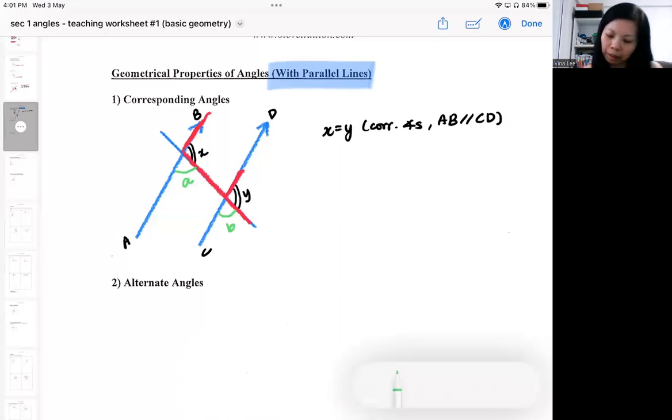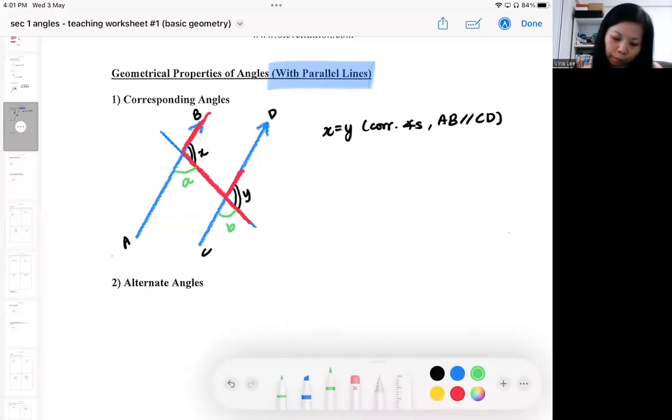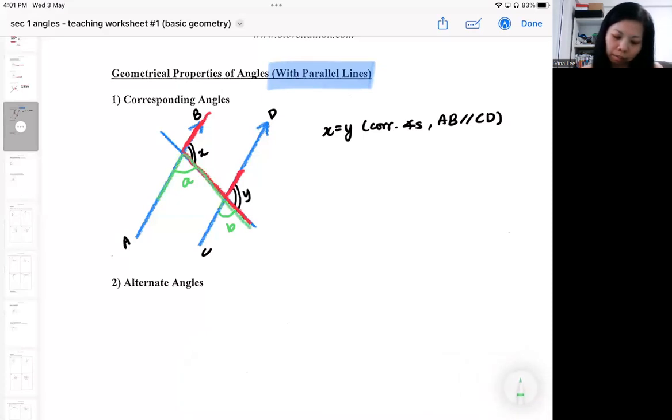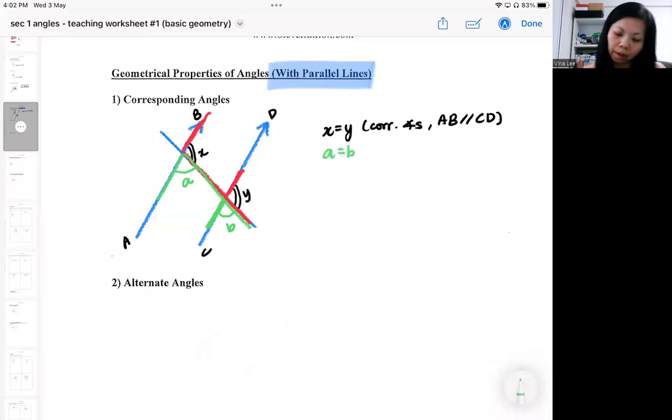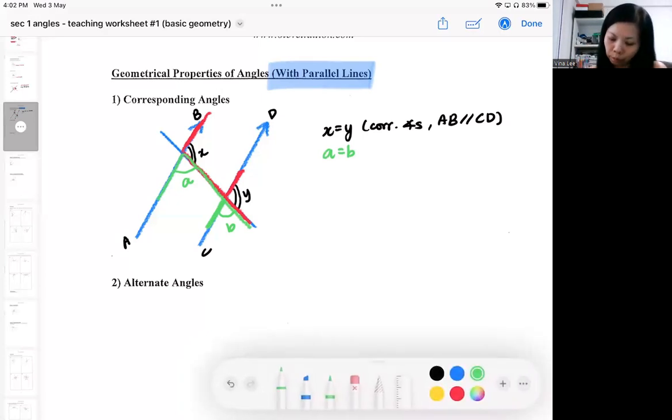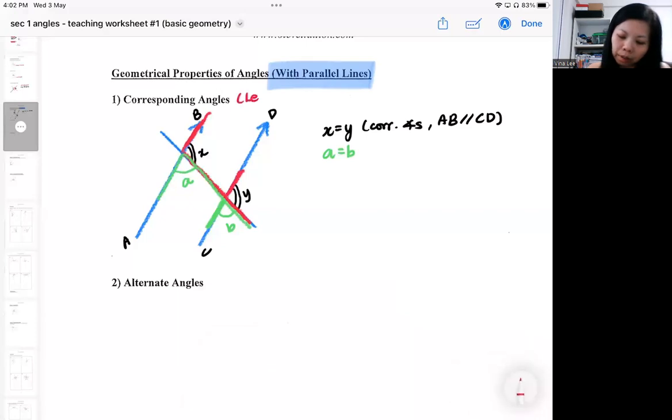It also forms a letter F, but the other way around. So A is equal to B as well, to qualify as corresponding angles. So you can use the letter F to help you remember corresponding angles.